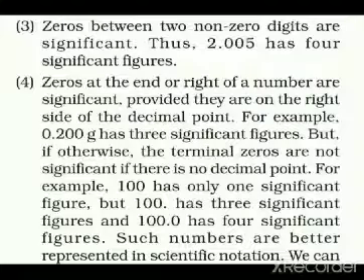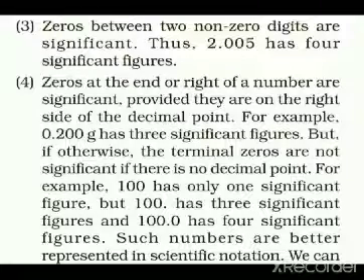Let us now consider the next rule. Zeros at the end or right of a number are significant provided they are on the right side of the decimal point. For example, consider 0.200 gram. The zero which is placed before the decimal point is not significant.